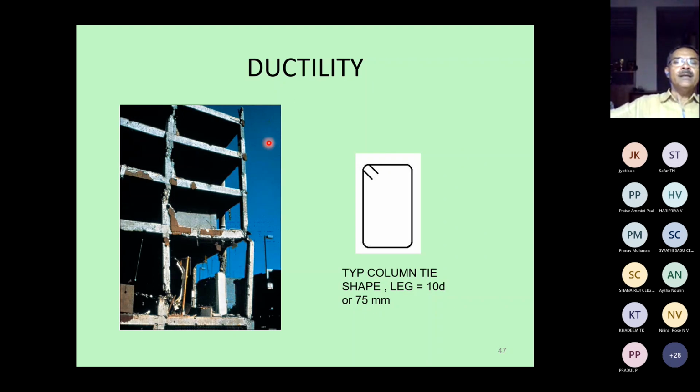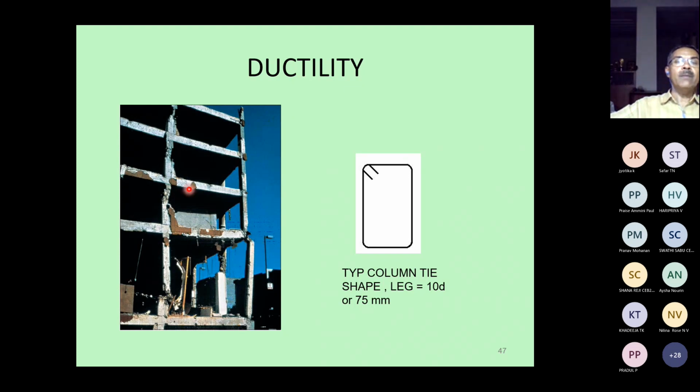Now, you can see that concrete, a very brittle material, can be made highly ductile by providing more stirrups, or lateral confining reinforcement, in such a way that the concrete inside the confining element will remain more ductile than brittle.